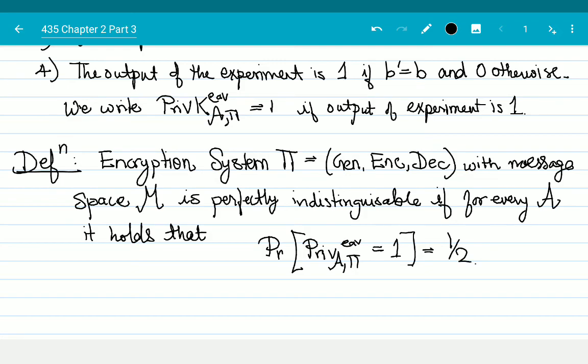Okay, so if for every A the probability is 1/2, then we say that the system is perfectly indistinguishable.